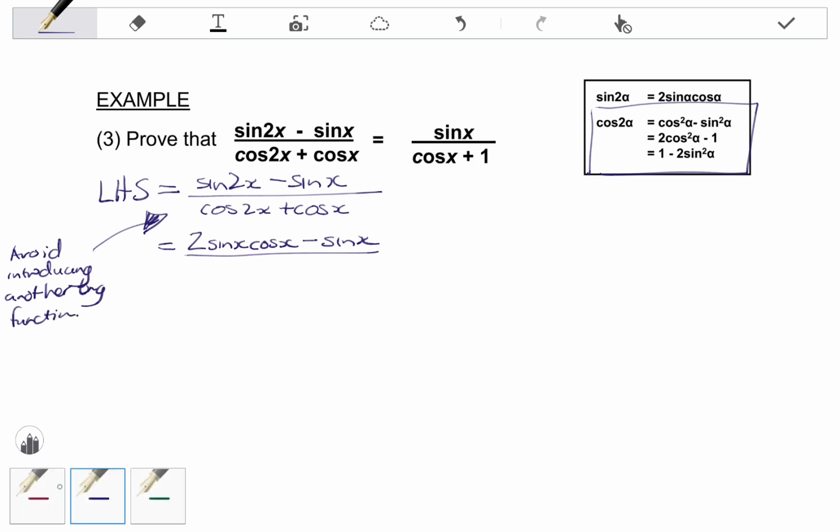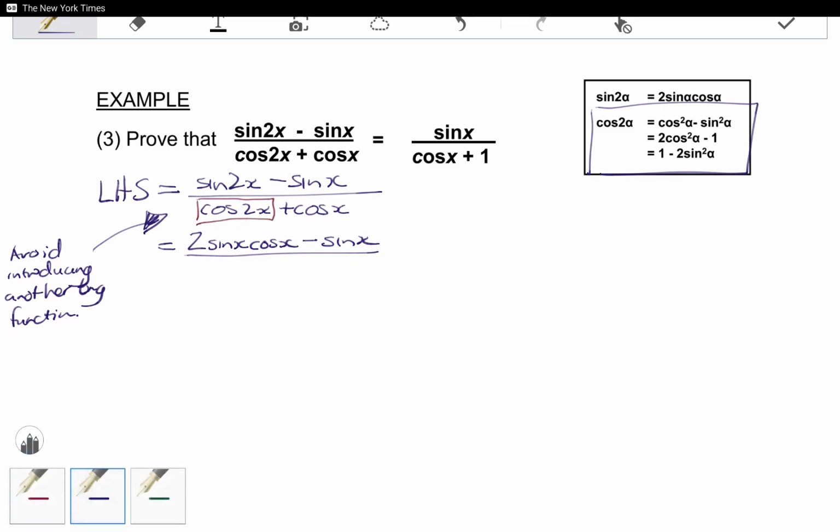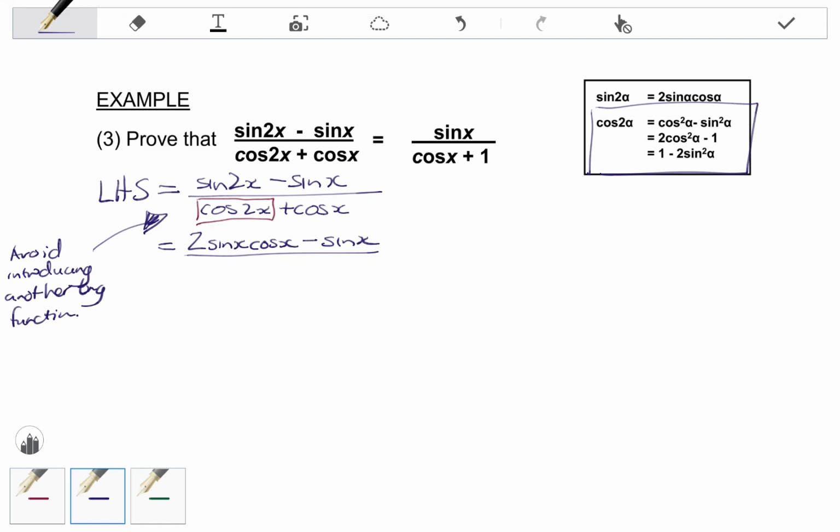Why? We will have to later factorize the denominator. Now, if I introduce another trig function like sine, for example, it'll become very difficult for me to factorize this. So if I keep to just cos x, why? Because there is another term with a cos x in the denominator.